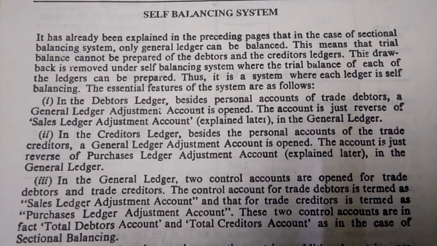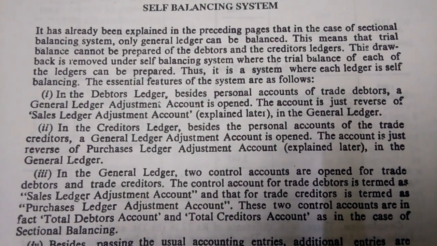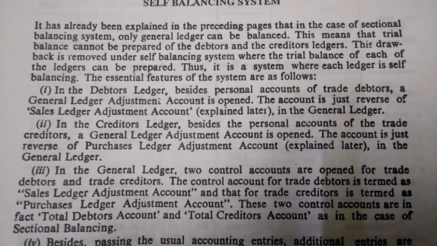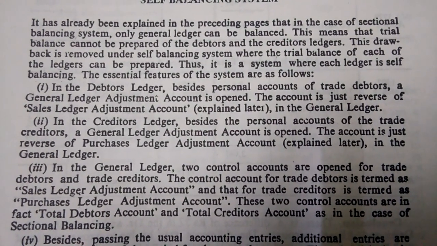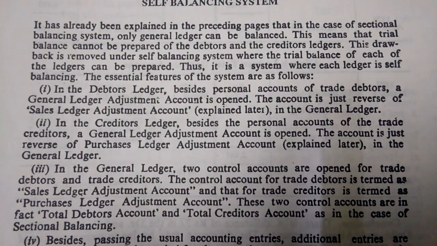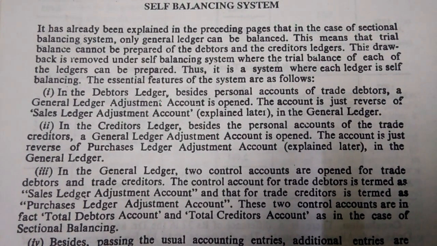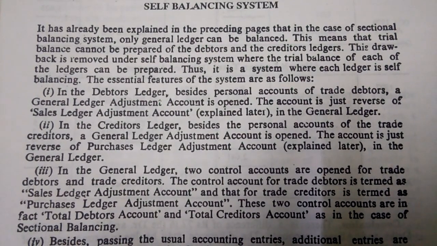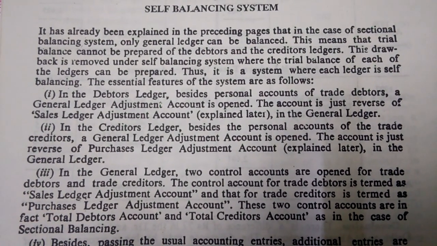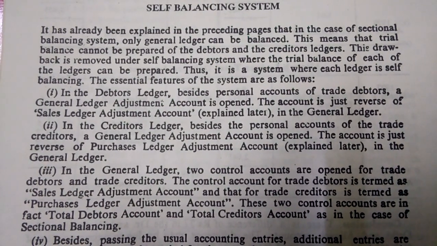So the self balancing system features are: first one, in the debtors ledger, besides personal accounts of trade debtors, a general ledger adjustment account is opened. So this is the important one, that is the general ledger adjustment account.